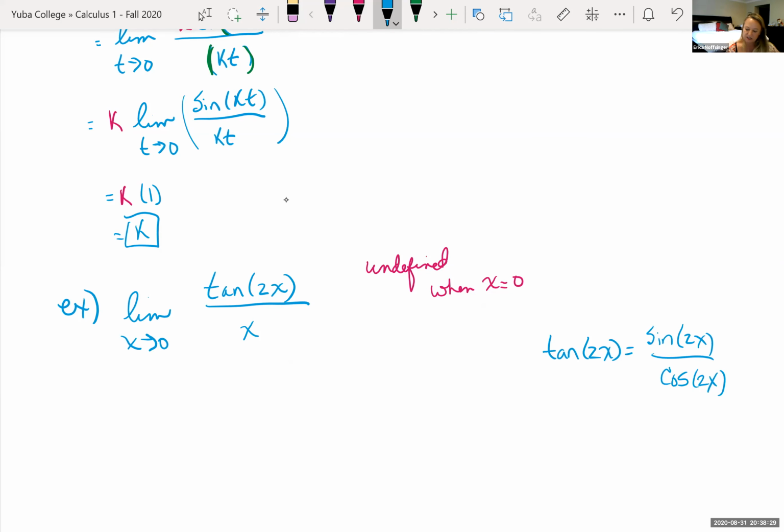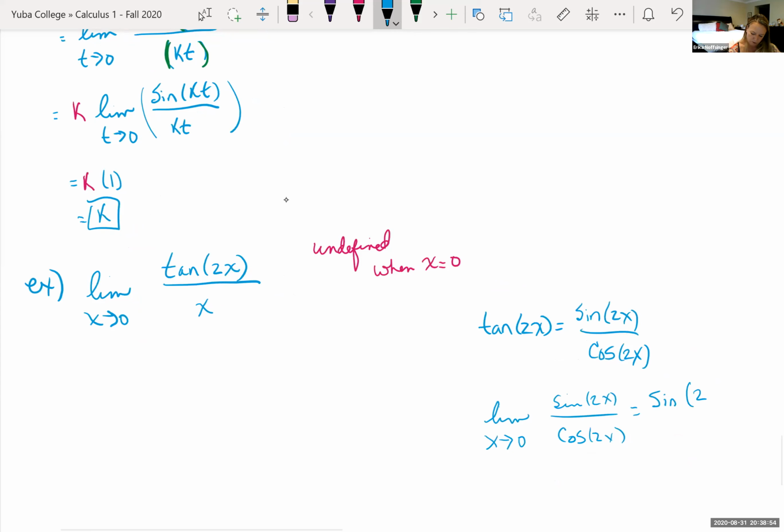So notice that this piece, if we're looking at the limit as x is approaching 0 of just sine of 2x over 2x, I was actually just trying to figure out where it was undefined. If it was undefined at 0, it's not. I plug in 0 here, and this gives me sine of 2 times 0 all over cosine of 2 times 0.